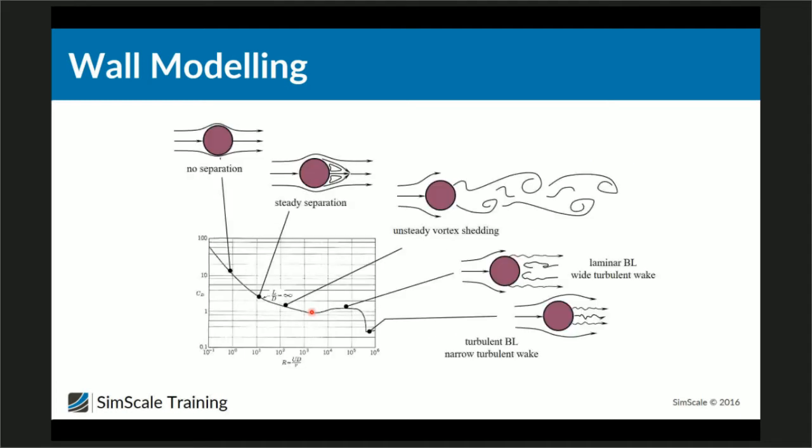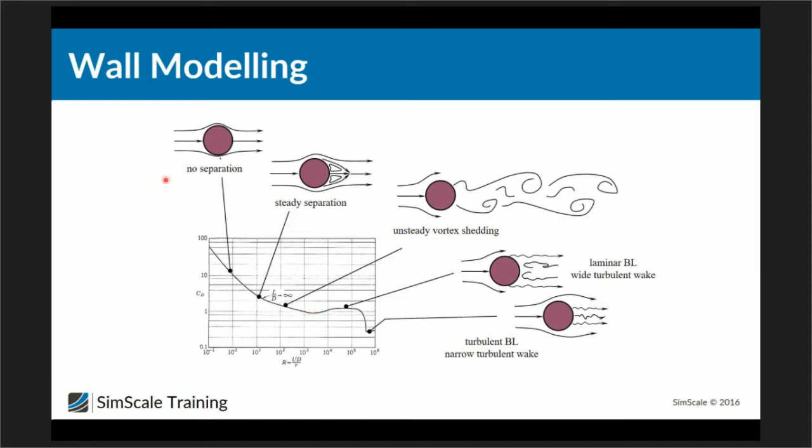For example, here we have this flow around a sphere, and the only thing we are changing is the Reynolds number. So basically, we're just changing the inlet velocity. And here you can see, for low velocity, we get laminar flow separation. If we increase it further to 10, we get some steady separations.